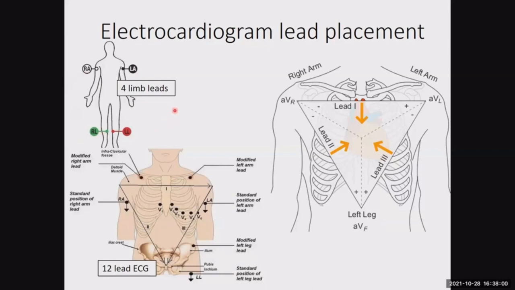If you're in a clinical setting using an ECG as a diagnostic tool, you're often going to use a 12-lead ECG. What you can see here is that you still have a lot of positions associated with the limbs, but you're also going to have a series of leads located in the thoracic area to more accurately measure the electrical activity associated with the heart.